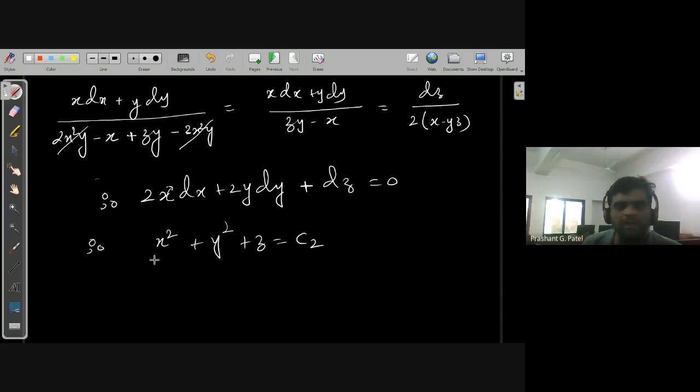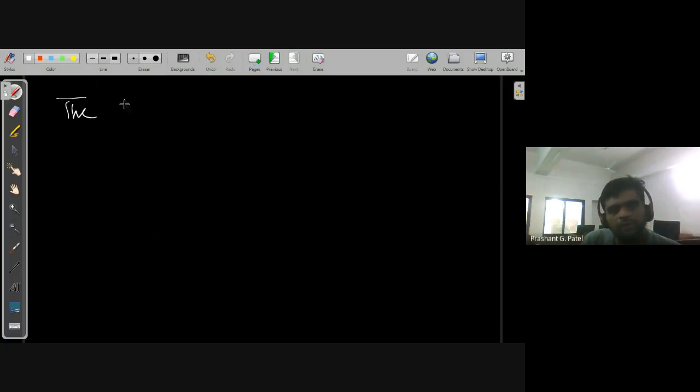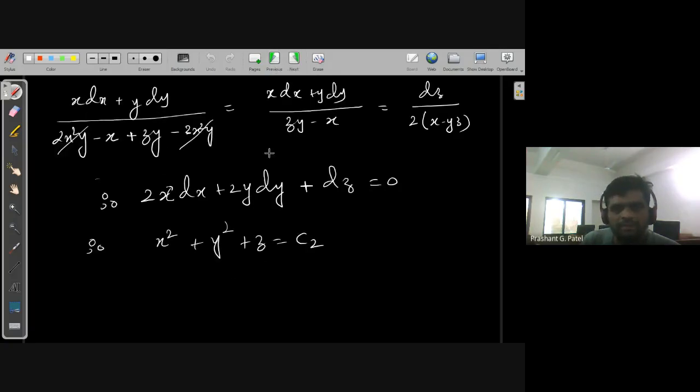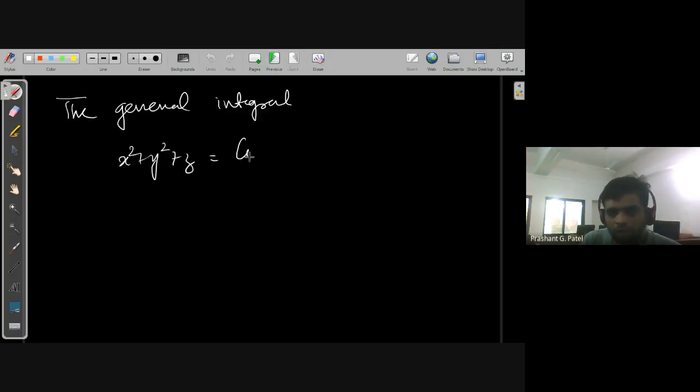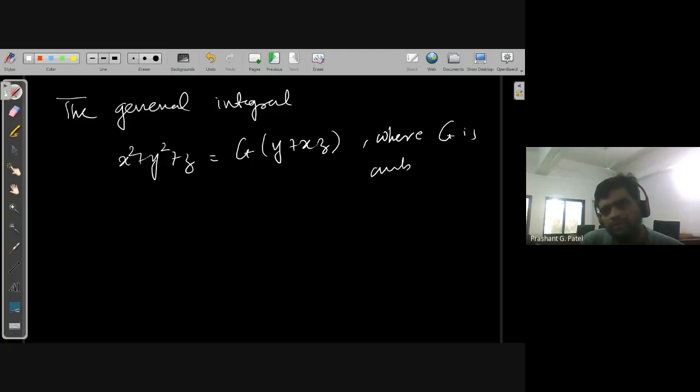So now we can write down the general integral. Therefore, the general integral can be written as x square plus y square plus z is equal to g of y plus xz, where g is an arbitrary function.